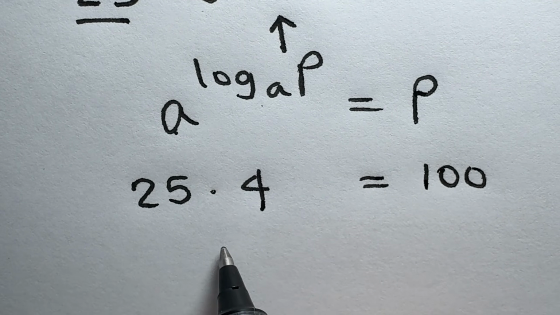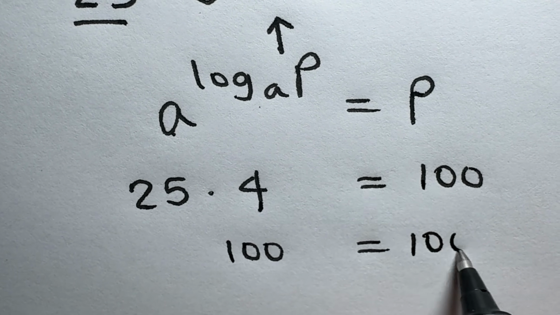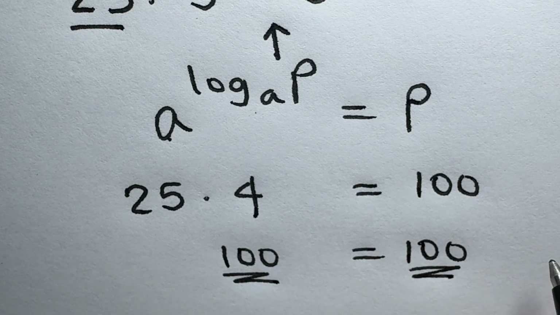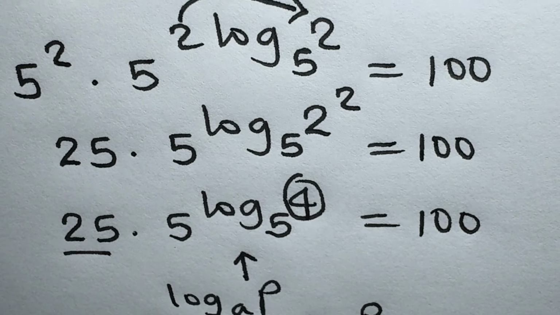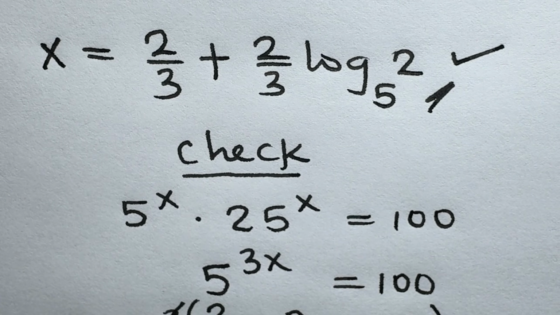And 25 times 4 is 100. So we have 100 is equal to 100. The left-hand side is equal to the right-hand side, confirming that our solution for x is perfectly correct.